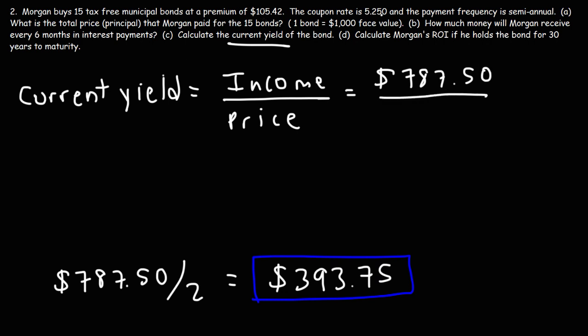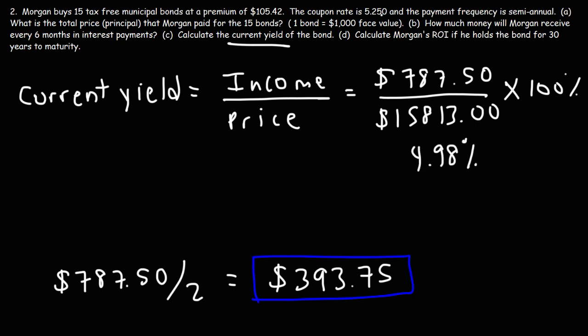Now the price that he paid for the bond, well, the total price, and I had to erase it, that was 1054.20 times 15. So the total price that he paid for the bond is $15,813. And we're going to multiply this by 100%. So the answer is 4.98%. So that is the current yield of the bond.